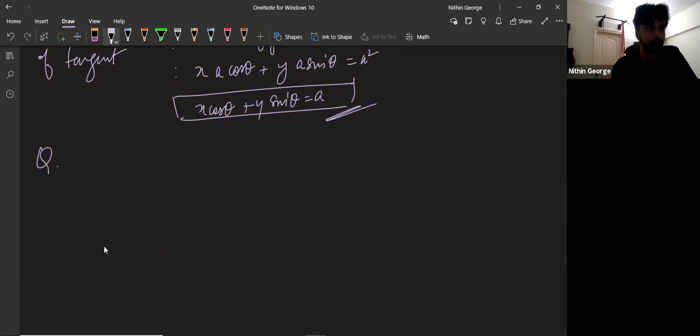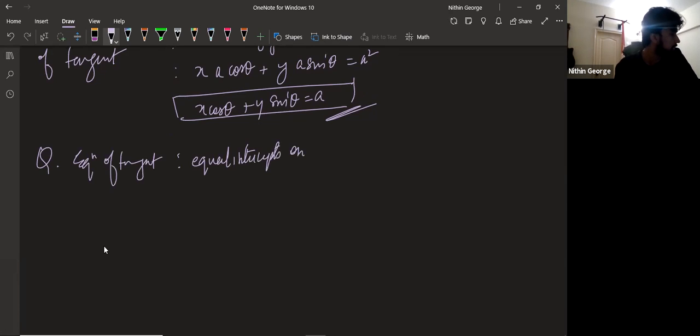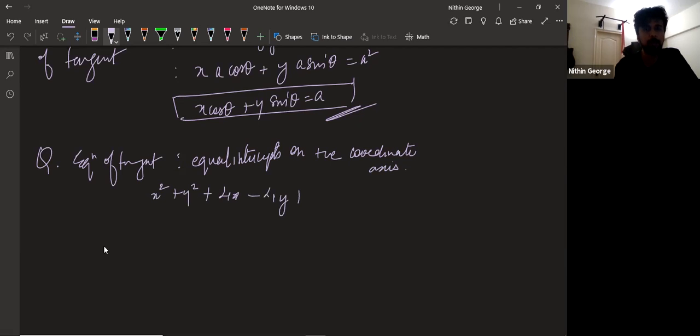Okay, do this question. Find equation of tangent making equal intercepts, it has equal intercepts on the positive coordinate axis, to the given circle, x square plus y square plus 4x minus 4y plus 4 equal to 0.